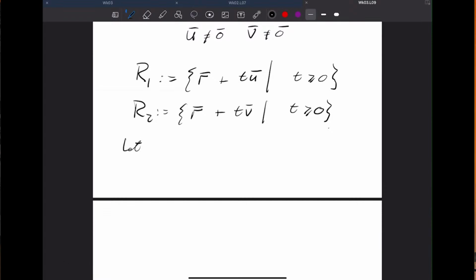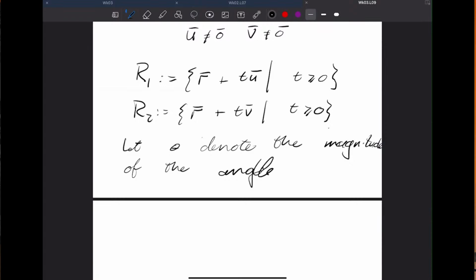And let theta denote the magnitude of the angle formed by these two rays.